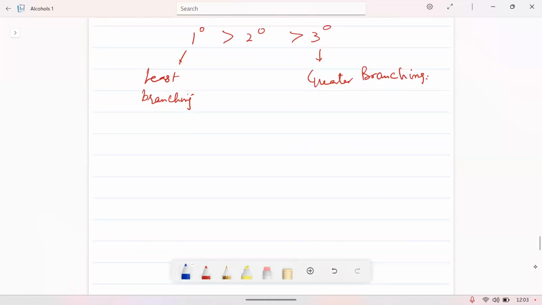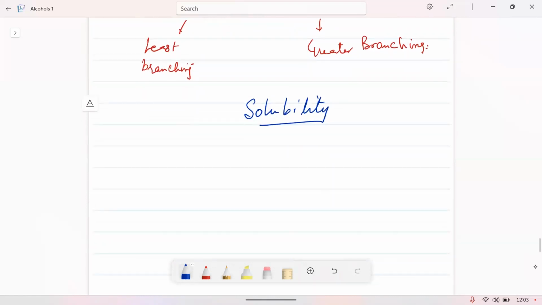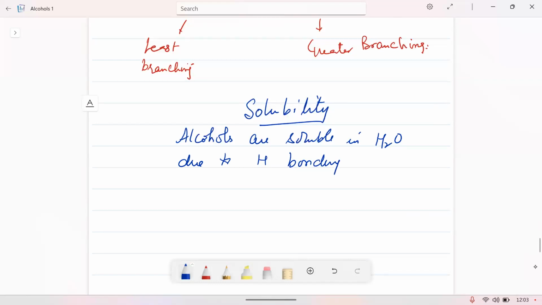Now moving on to solubility. Remember, when you're talking about solubility, we need to talk about the intermolecular force with the water molecules. Alcohols are soluble in water, and the reason is due to H bonding, that is hydrogen bonding, which is a type of intermolecular force with the water molecule.